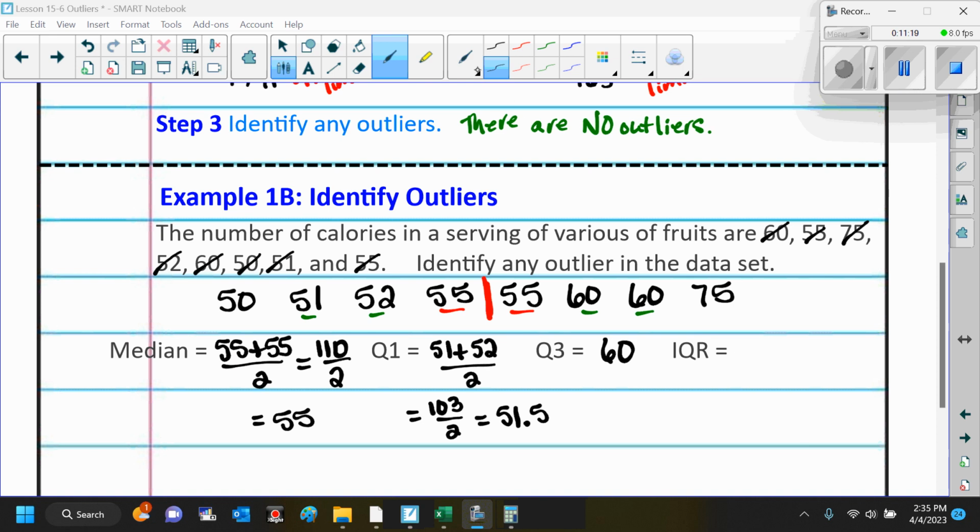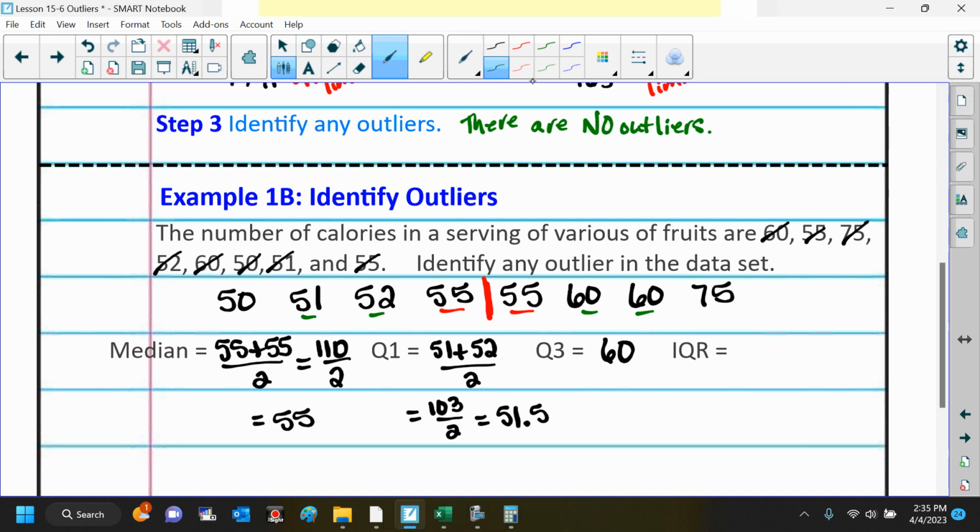So now we want to find the interquartile range. And of course, the interquartile range is the upper quartile minus the lower quartile. So that's the upper quartile minus the lower quartile, or Q3 minus Q1.